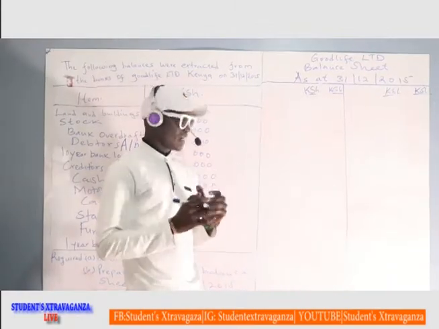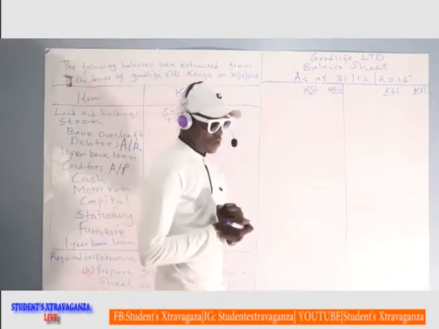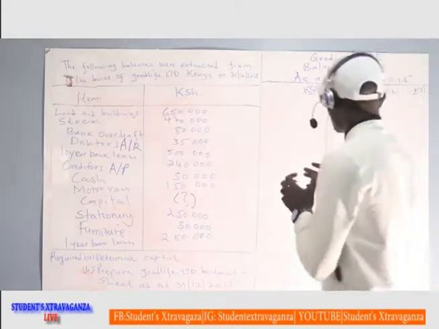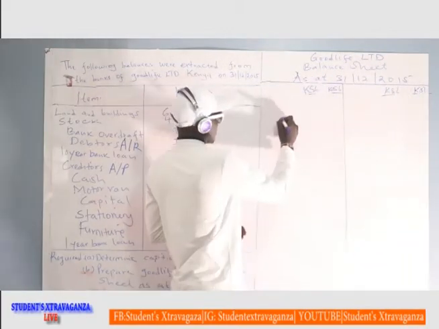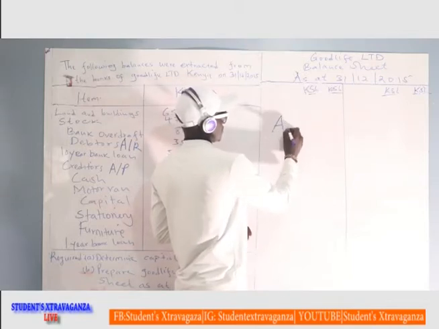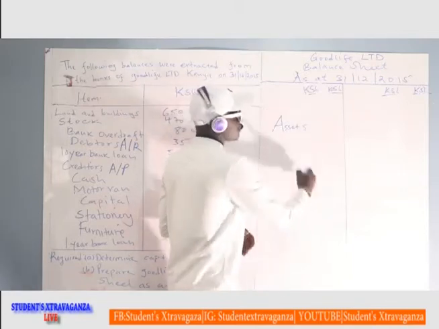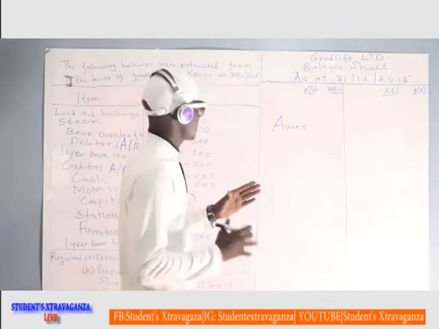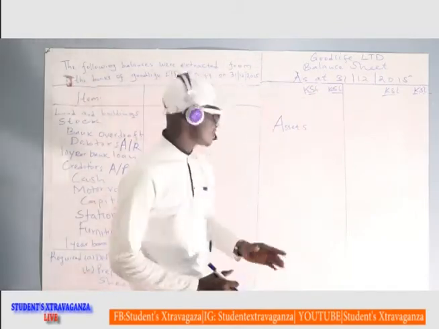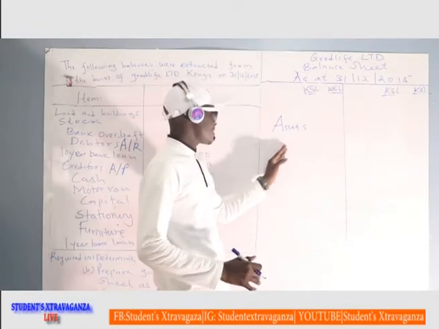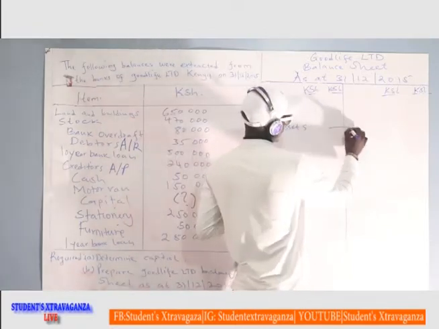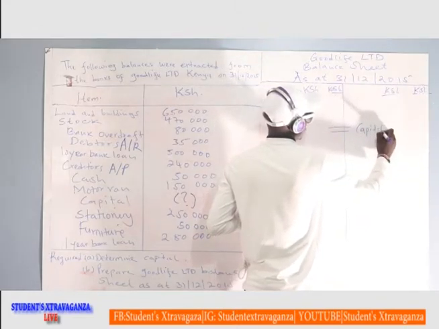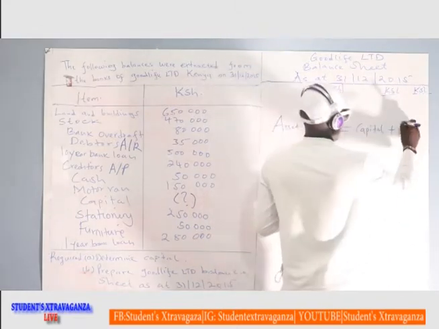The bookkeeping equation or accounting equation states that assets, I would like that you understand the reason why it has a T format. Assets on the other side should equal capital plus liabilities.